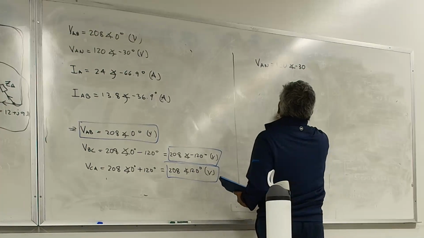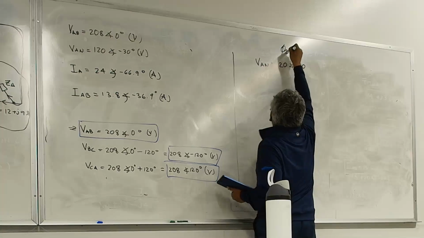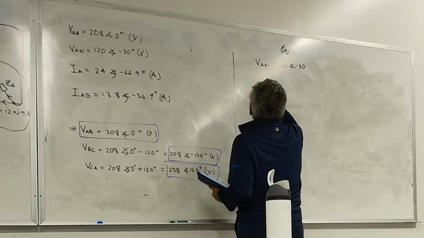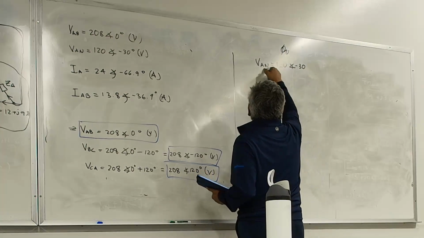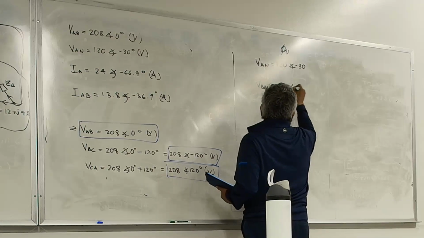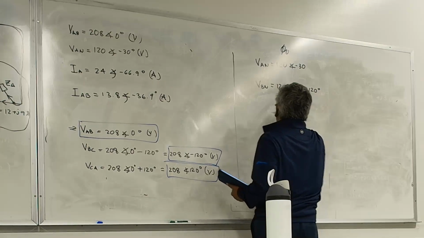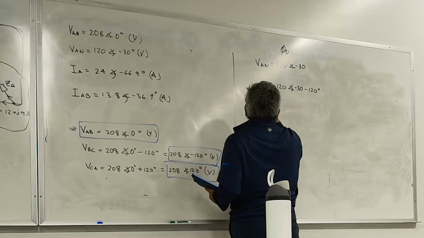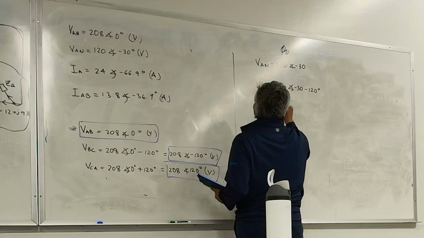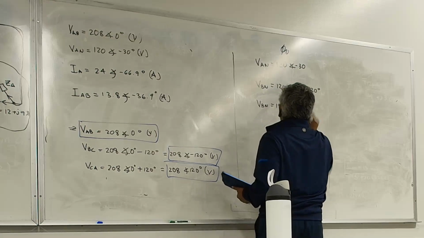For B to neutral, positive sequence, 120 angle minus 30 degrees minus 120, so B to neutral is 120 angle of minus 150.